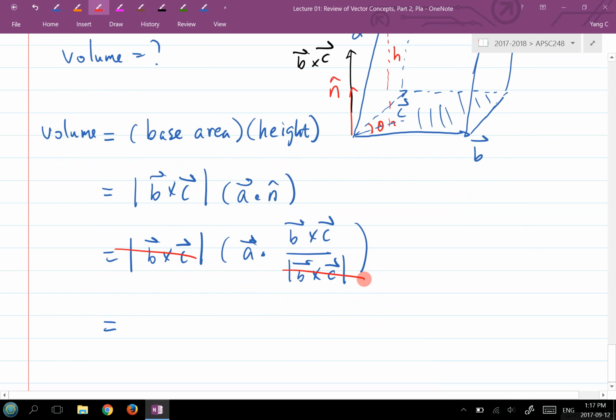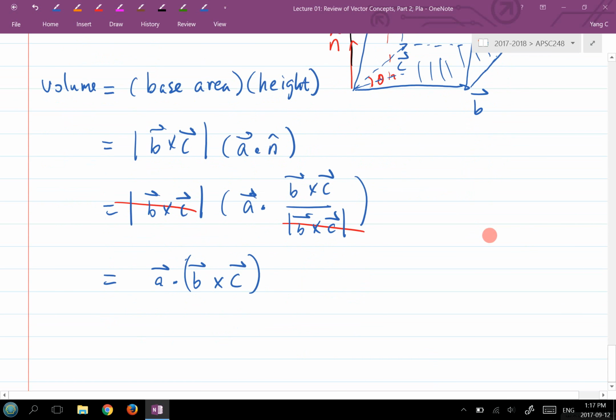Then we end up with a very simple expression: A dot B cross C. Make sure that the order really matters. It's A dot B cross C. Okay, so that's the volume.